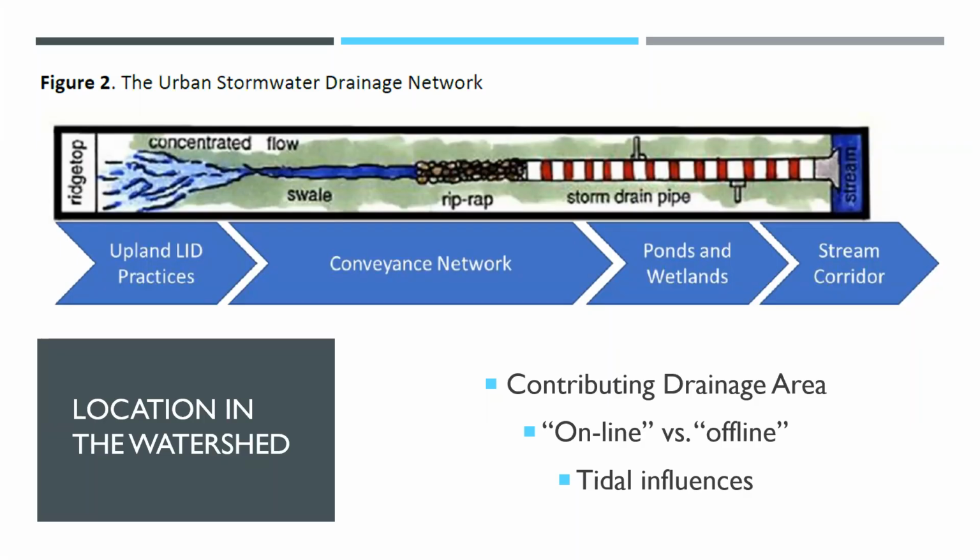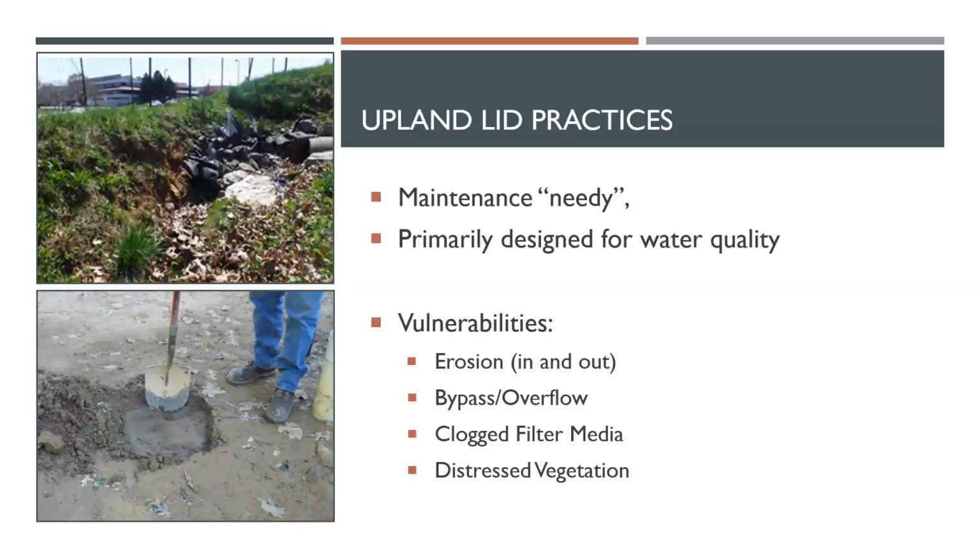Then you move down into the conveyance network as it starts to concentrate flow. Then we have our ponds and wetlands, which have the larger contributing drainage areas. They collect a lot of the runoff that flows down through those conveyance networks and then eventually to our stream corridors. So we're going to work our way down, starting with these upland LID practices.